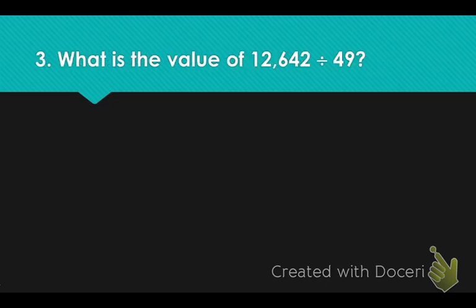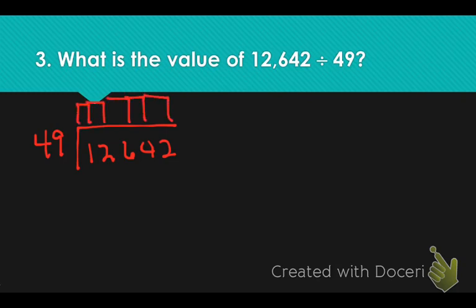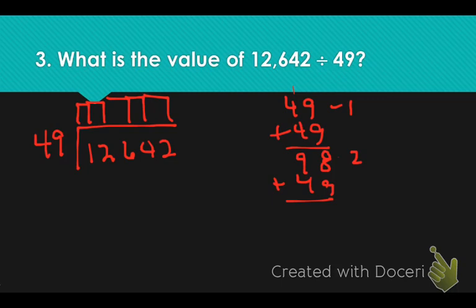Number 3, the value of 12,642 divided by 49. Okay, again, boxes above each of those. And over here, 49, that's 98, it's not a very good 8, and that's 2. So that's 1, that's 2, plus another 49, that's 147.